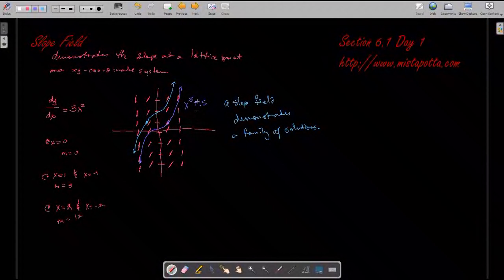Because I know that the derivative of x cubed is 3x squared, so I know it matches this. And the derivative of a constant is 0. A constant isn't going to contribute anything to the derivative.